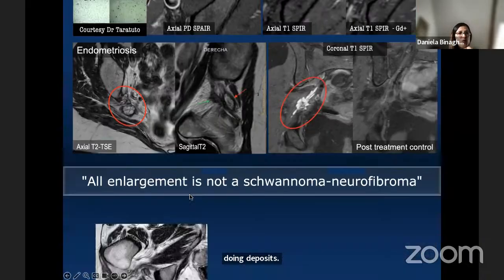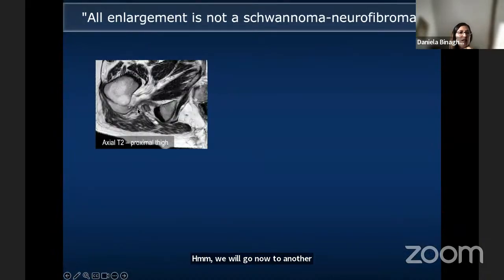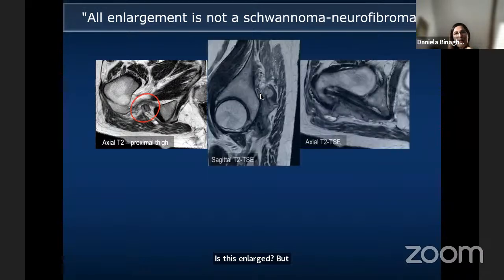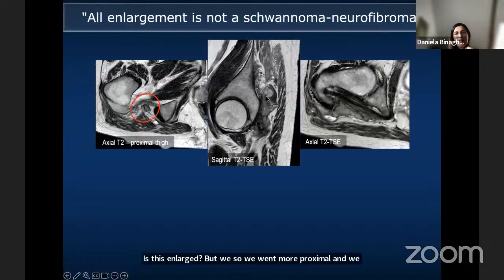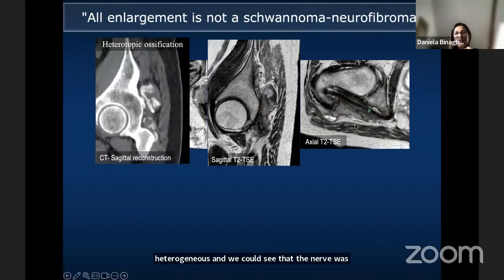We will go now to another case. This is the sciatic nerve at the proximal thigh. It is enlarged, but we went more proximal, and we saw all these solid tumoral masses that are a little bit heterogeneous, and we could see that the nerve was within the tumor, and the patient had a CT done before, which was diagnosed as normal.